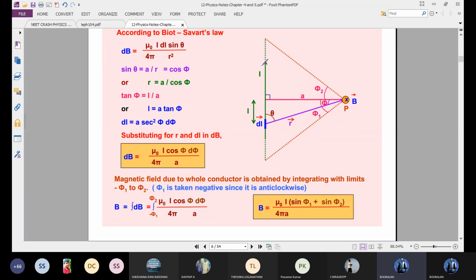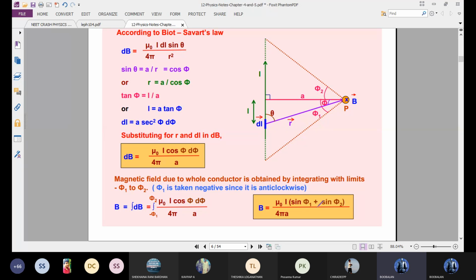So pi 1 is on the upside, compared to the element it is opposite, so we are taking pi 1 as negative. Anti-clockwise direction, please note this also. Sin pi 1 plus sin pi 2.